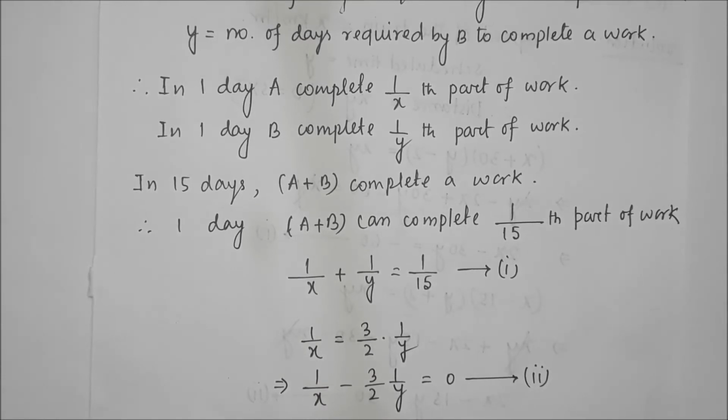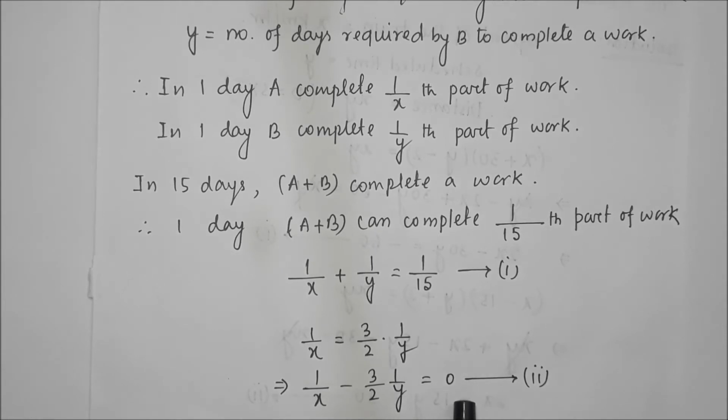Now the second equation: it is given that A's 1 day work is 3 by 2 times the 1 day work of B, that means 1 by x equals 3 by 2 into 1 by y. Therefore we get 1 by x minus 3 by 2 into 1 by y equals 0.